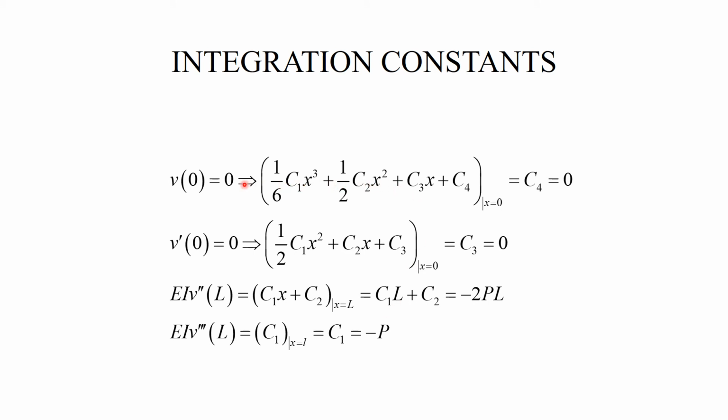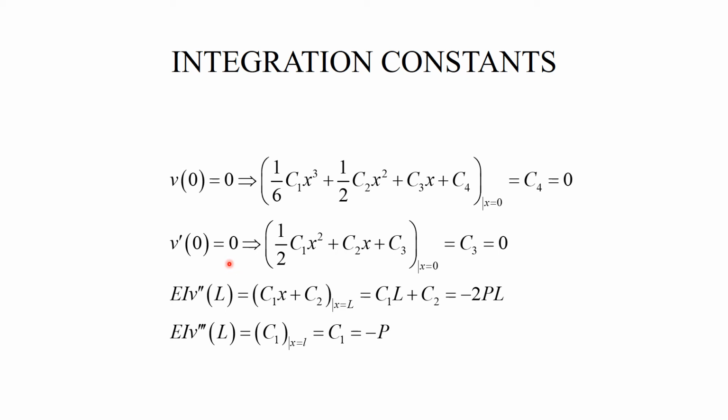I impose the boundary condition v of 0 equal to 0. So I take the expression for v, evaluate at x equal to 0. Of course, I get C4 because the rest of the terms are 0. And the first boundary condition implies that C4 is equal to 0.